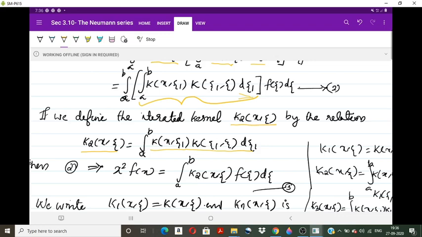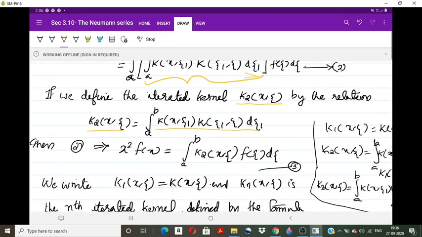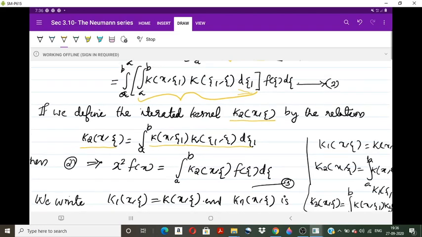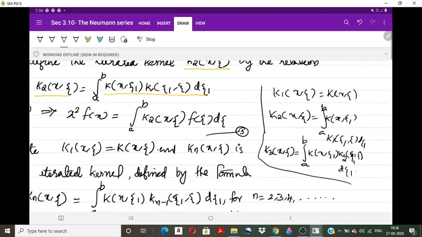Then the first iterated kernel is k1 of x theta, which is k of x theta, and we define k2, then k3. What will be k3? We can see that k1 of x theta is k of x theta, and k2 of x theta is integral a to b k of x theta 1, then k1 of theta 1 theta, d theta 1.